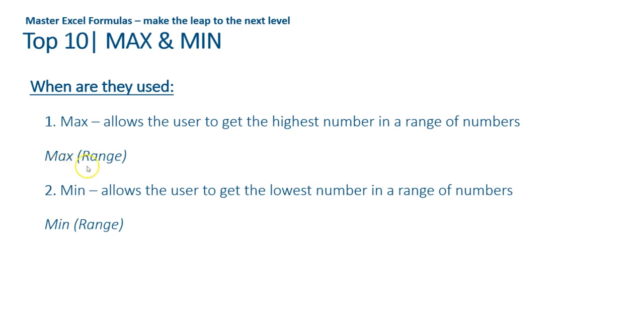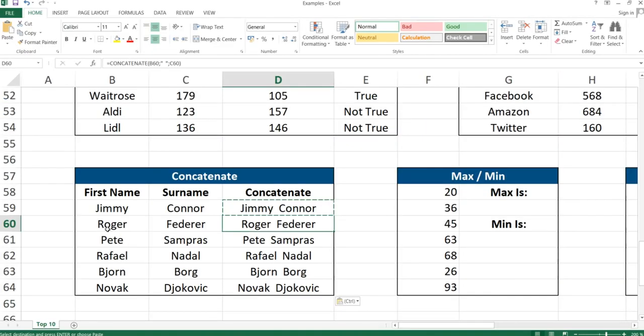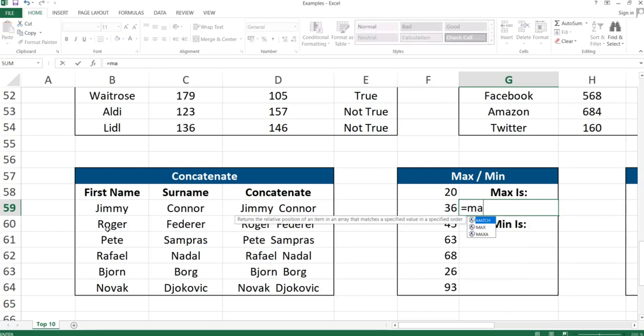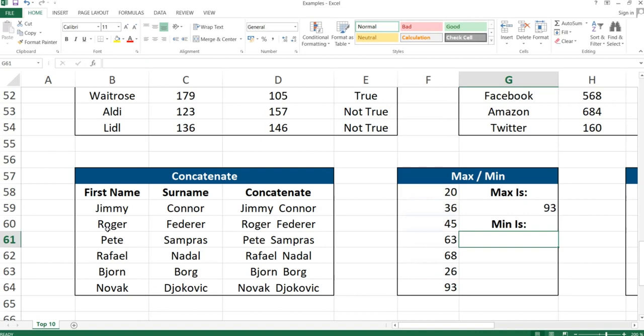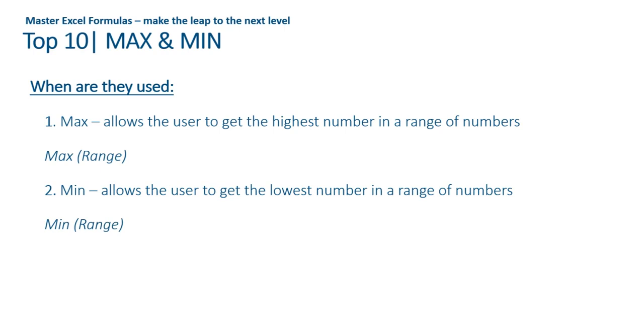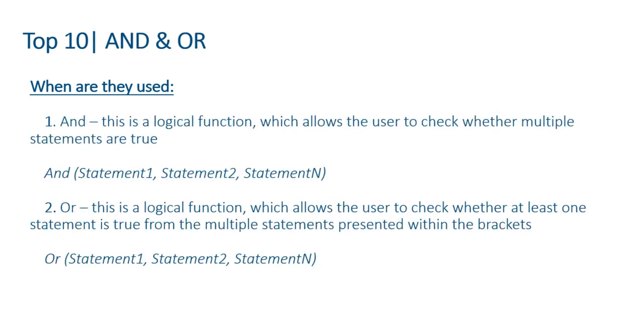So you have MAX, and then we need the range in which to get the maximum value from, and the MIN is pretty much the same thing. Now, just to show you the example, here's what we get, and the maximum from this range here is 93, and then the minimum is 20.